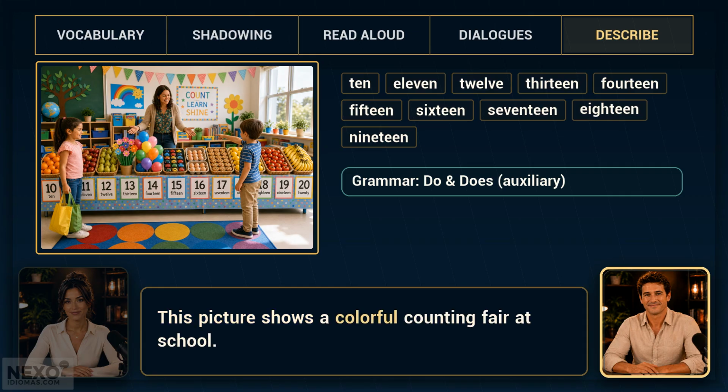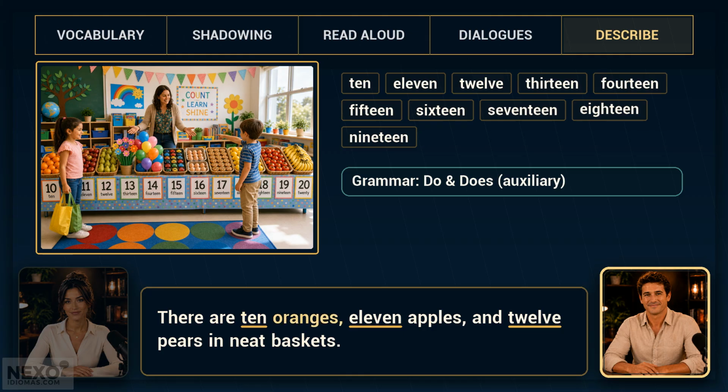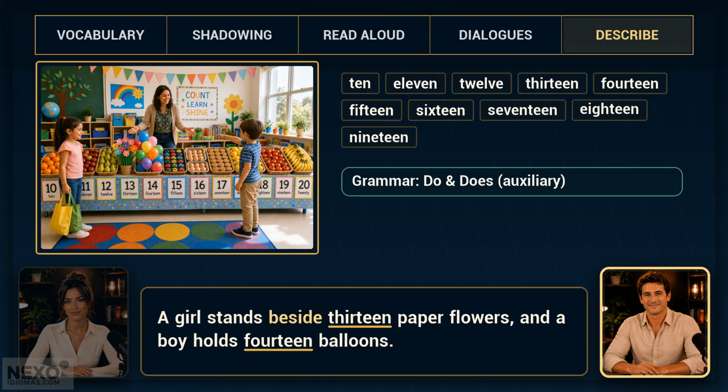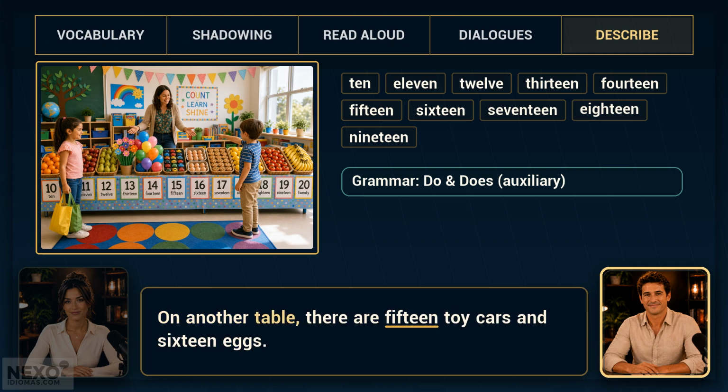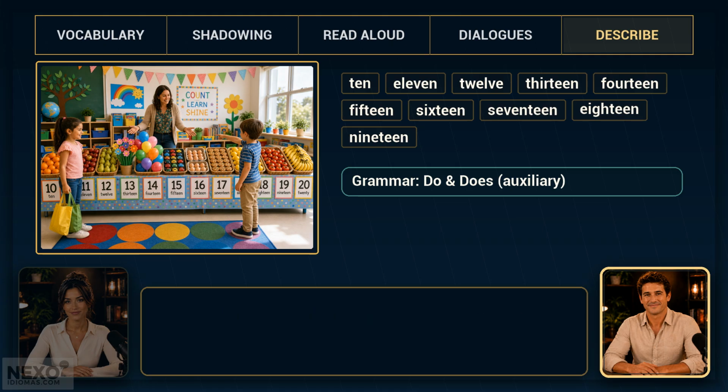This picture shows a colorful counting fair at school. There are 10 oranges, 11 apples, and 12 pears in neat baskets. A girl stands beside 13 paper flowers, and a boy holds 14 balloons. On another table, there are 15 toy cars and 16 eggs.